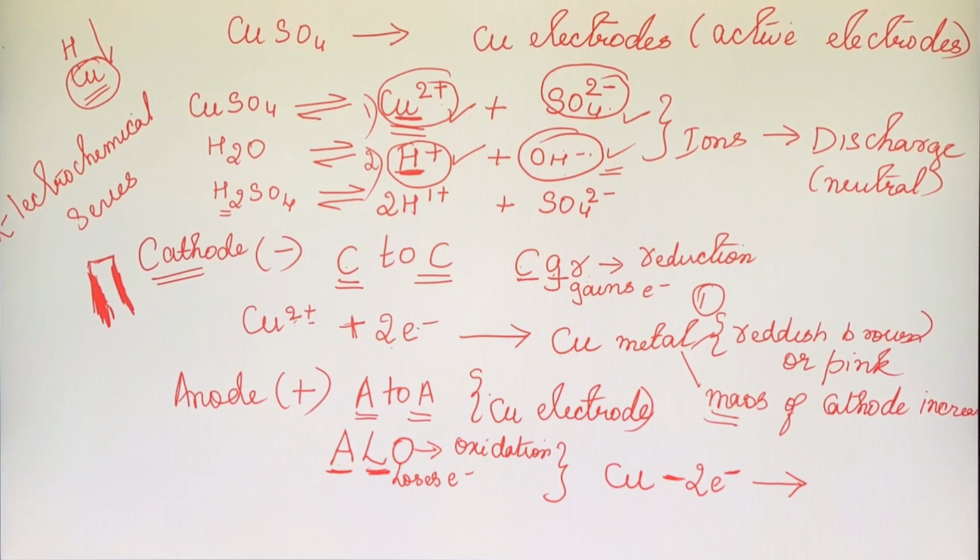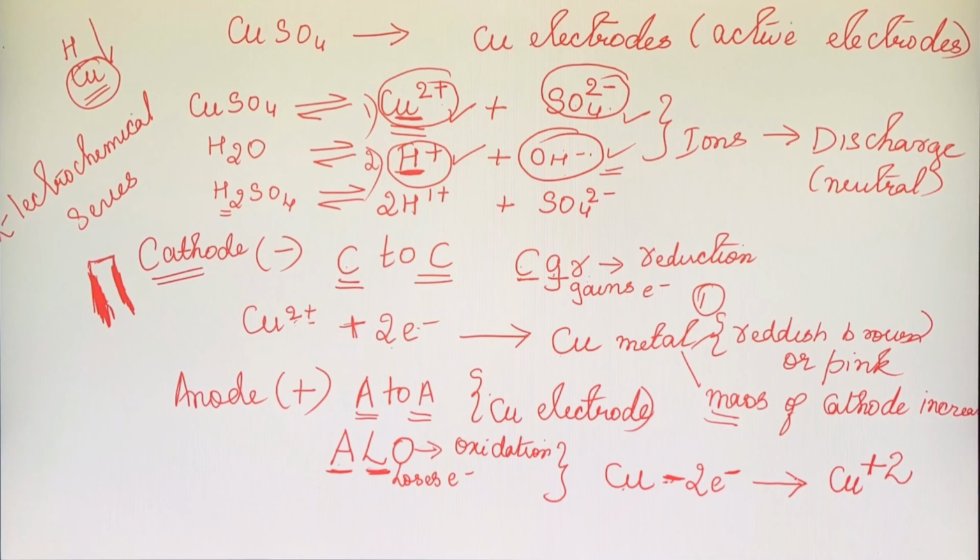Whenever any metal loses or donates electrons, what sign does it get? It gets a plus sign. And what number will come here? It has lost 2 electrons. Yes or no? So Cu minus 2 electrons.